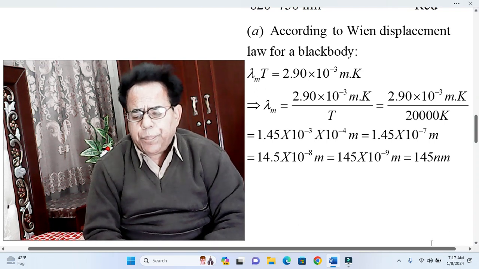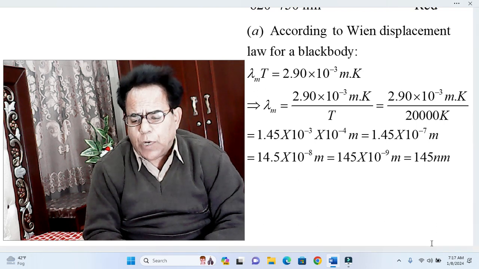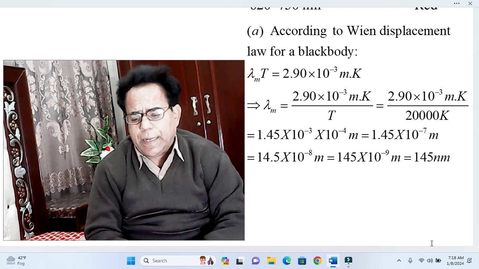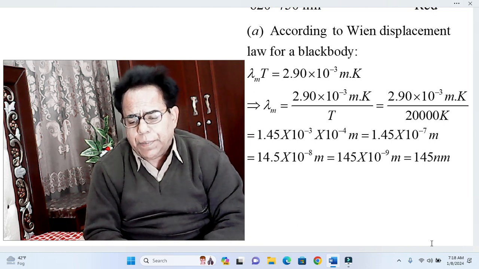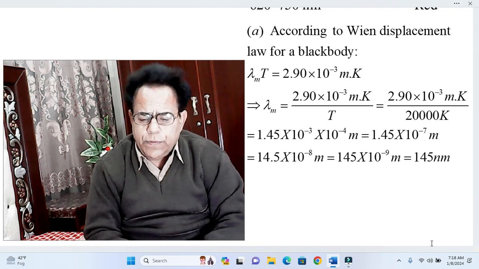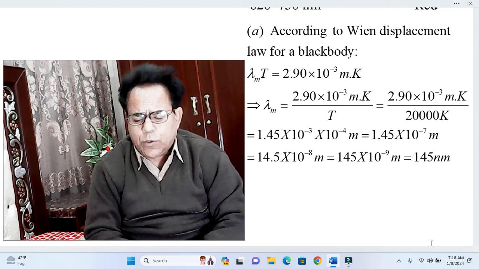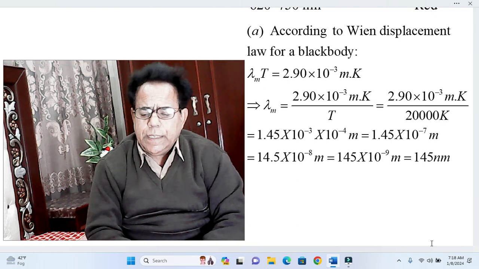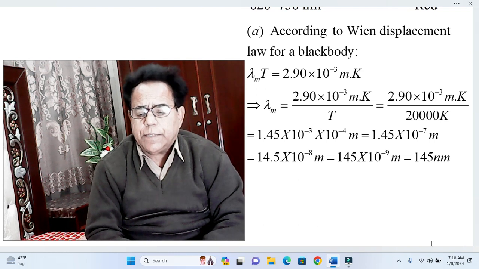Now we have reshaped 1.45 as 14.5. That is to say, we have shifted the decimal one step ahead, and as a result of this rearrangement, our 10 raised to the power minus 7 will be changed to 10 raised to the power minus 8 meter.